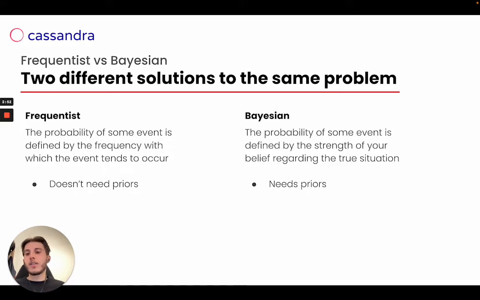It's based on the fact that the probability of some event is defined by the frequency with which the event tends to occur. So, in short, what we do when we use our Frequentist approach is we take a look at the historical data and we try to find a pattern that says, okay, every time I spend 20% more on Google, I will get 10% more sales.